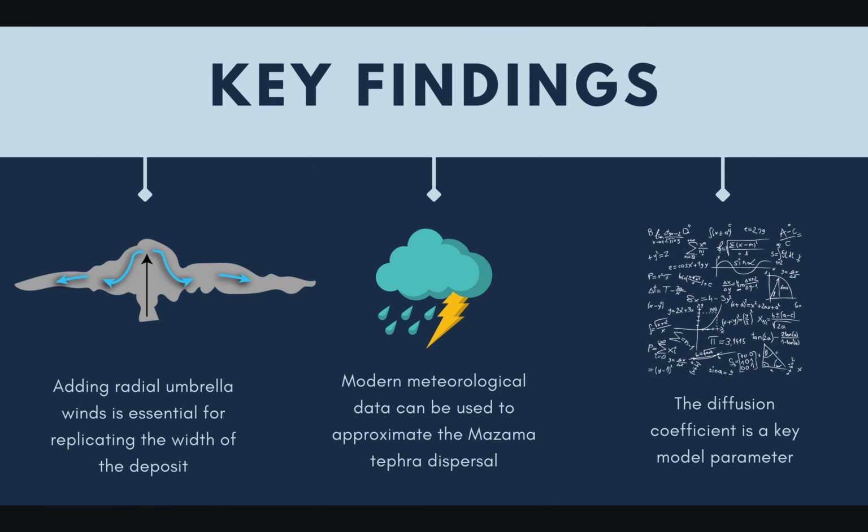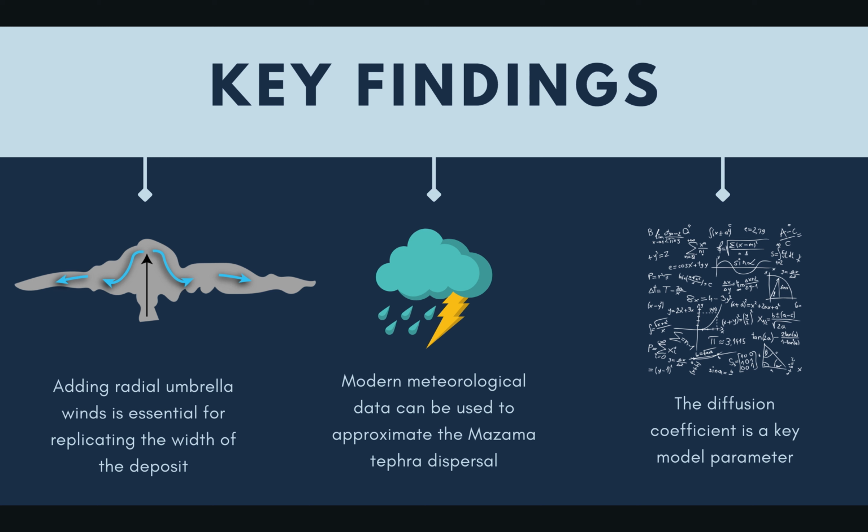To sum up the key results from this study, we found that adding radial umbrella spreading is really key in order to replicate the width of a magnitude 7 eruption ash deposit, such as the Mazama eruption. Also, it was really useful for this study that we found modern meteorology data that we were able to use for these simulations. This might not always be the case.